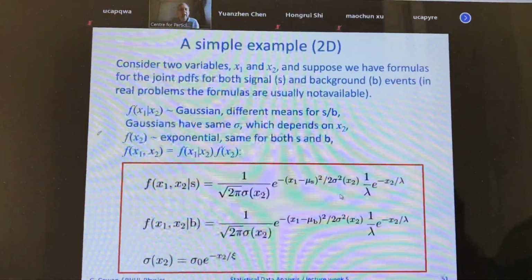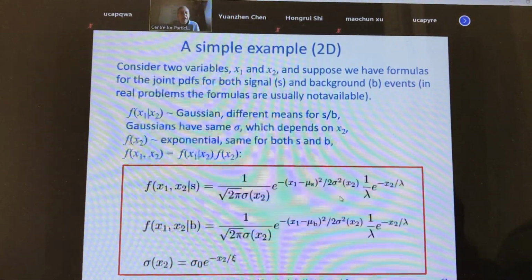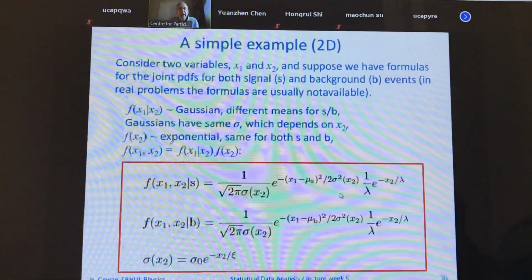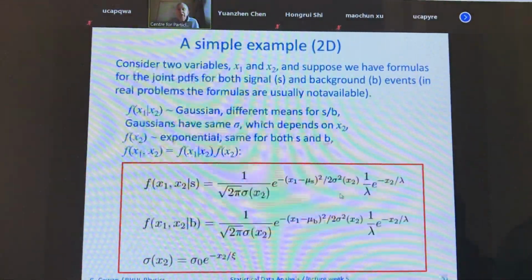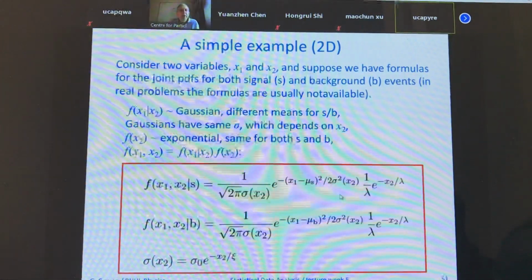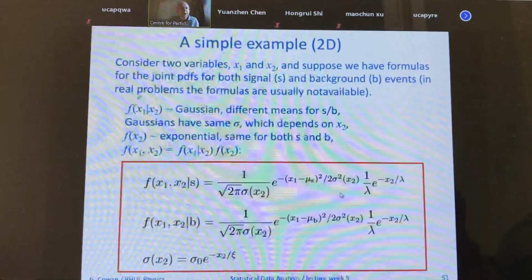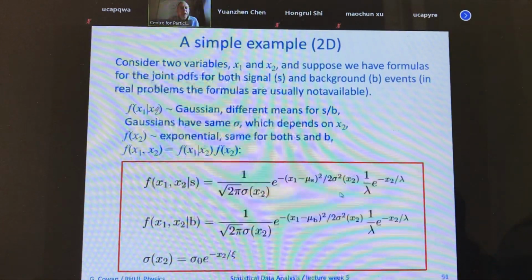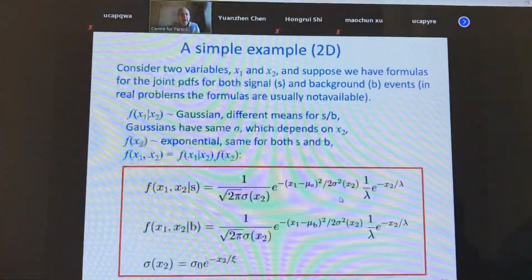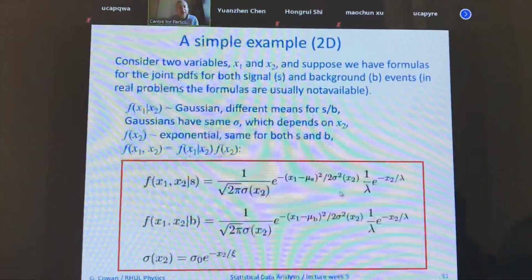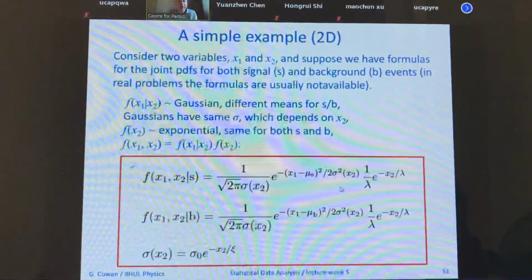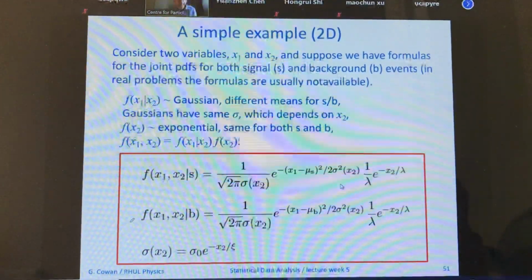Now, the marginal PDF for x2 is just going to be an exponential, and that will be exactly the same for both S and B. And so I've given you the conditional PDF for x1 given x2 and the marginal PDF for x2, and that of course tells you that the joint PDF is just equal to their product. And so here, therefore, are the two formulas.